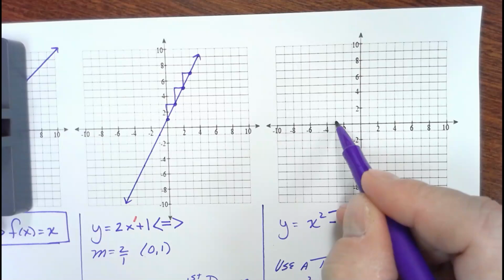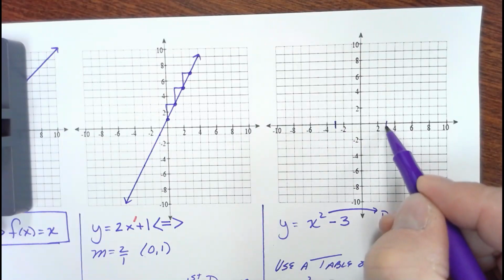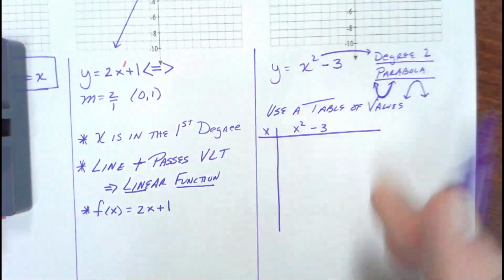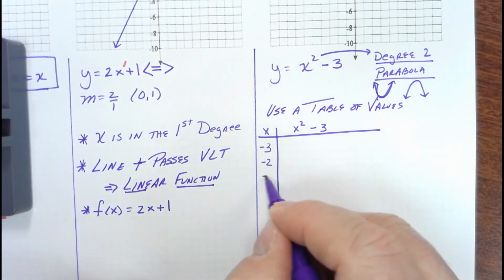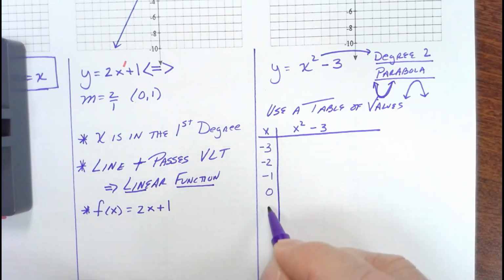So we're going to use x values from -3 to +3 in our table of values: -3, -2, -1, 0, 1, 2, 3.